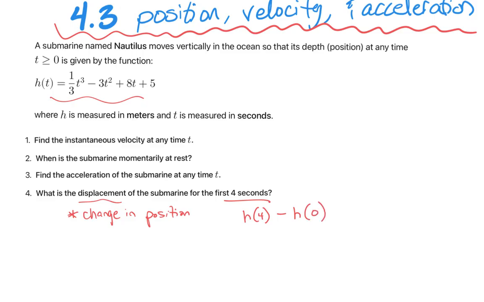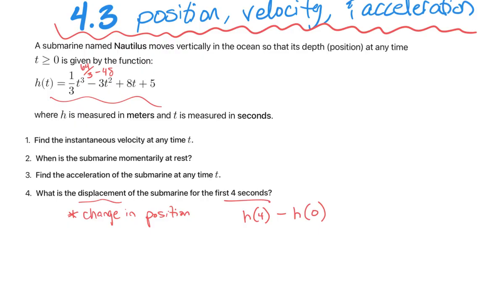So I will have to plug that in. At 4 seconds, I got 4 cubed, 1/3 of 64. I'm not real sure what that is, so I'm just going to write 64 thirds. Then I've got minus 3t squared, so 4 squared is 16, 16 times 3 is 48.